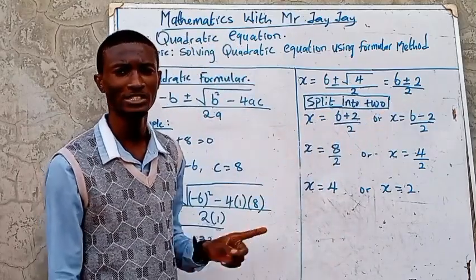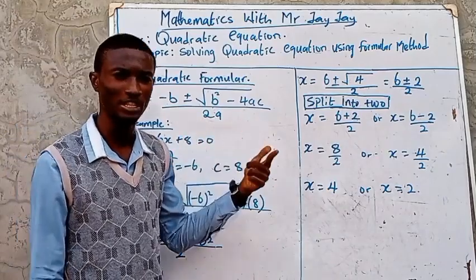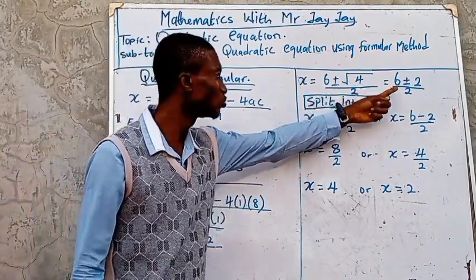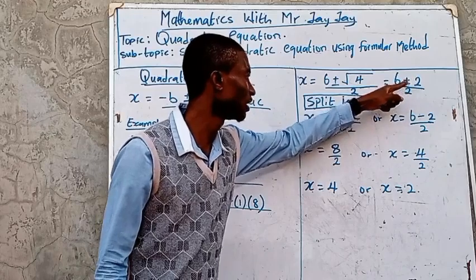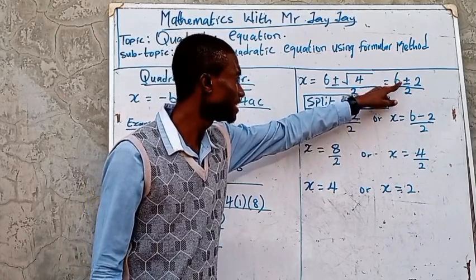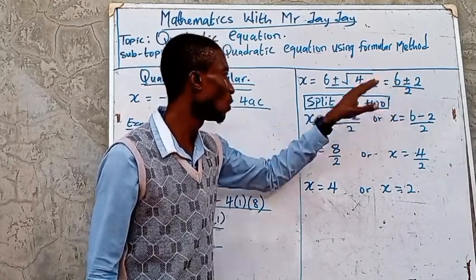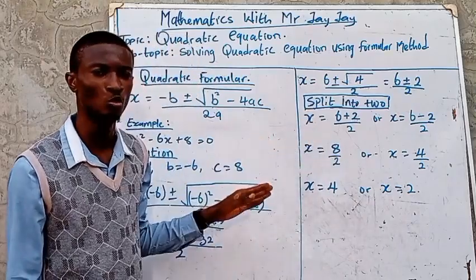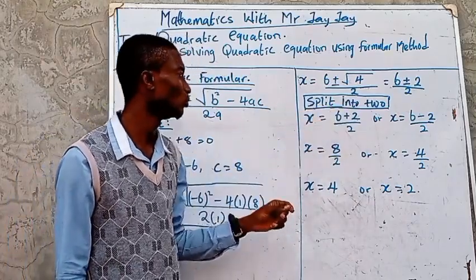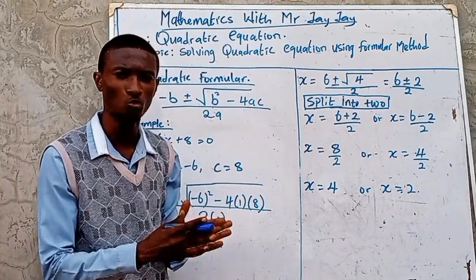Now the plus or minus sign there indicates the operation that is supposed to take place between these two numbers, between 6 and 2. So what we are going to do is to split it into 2. The plus will have its part, the minus will have its part.